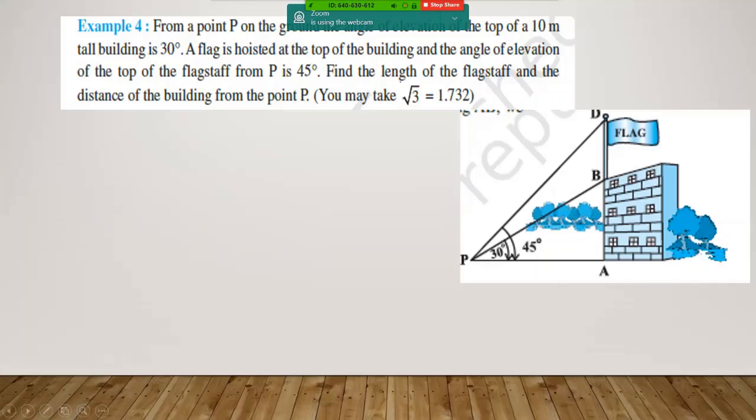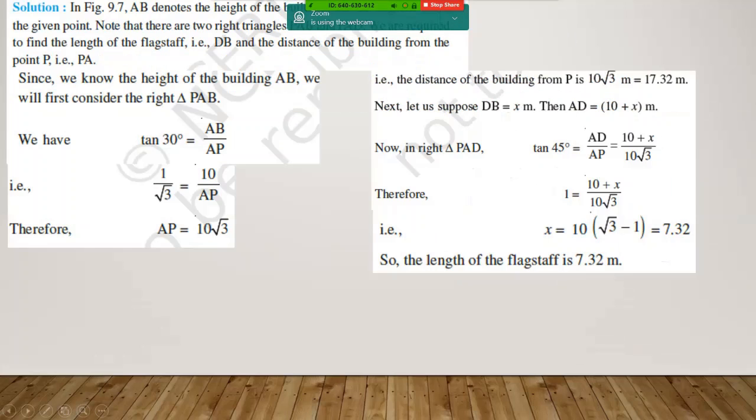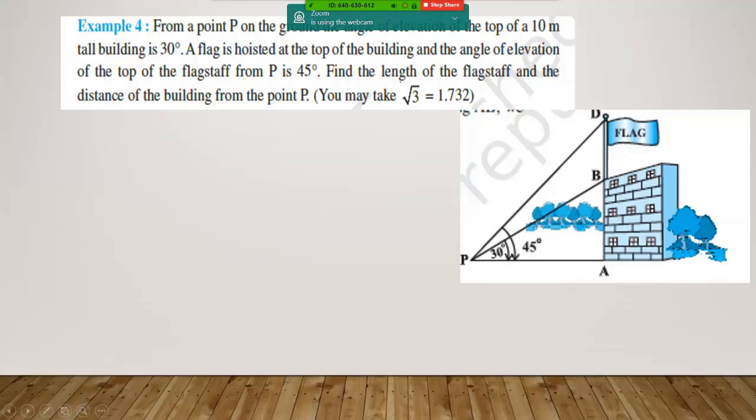Now they're asking us to find DB. Let us take the big triangle DPA. The PA I know. This whole angle of elevation 45 degrees I know. Let the whole thing be x. Now what do I do? Again tan 45.